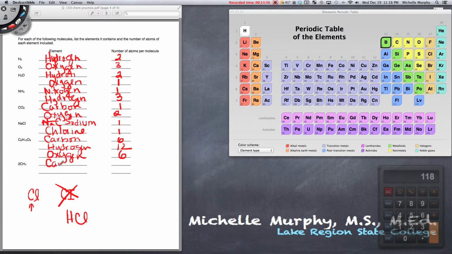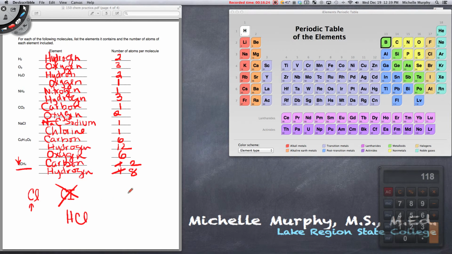We have a carbon, and we have hydrogens. In the molecule, there's 1 carbon and 4 hydrogens. However, when you put a 2 in front of it, you multiply everything by that. So in 2 molecules of methane, there are 2 carbons and 8 hydrogens. So sometimes you'll see a number in front. That's the only way to distribute across both.